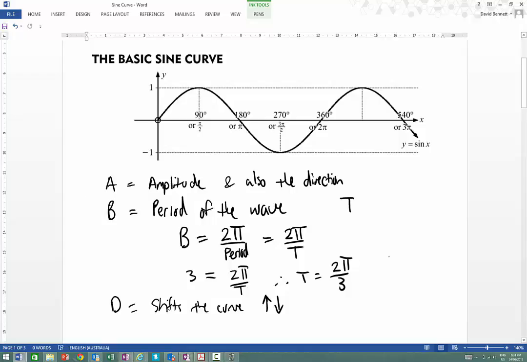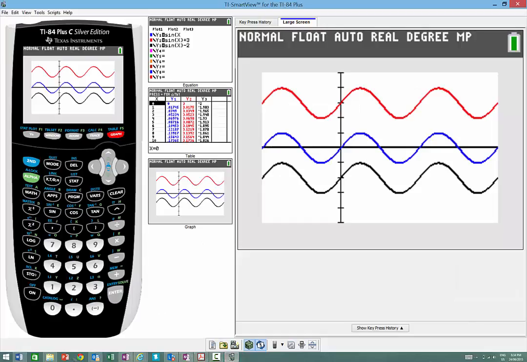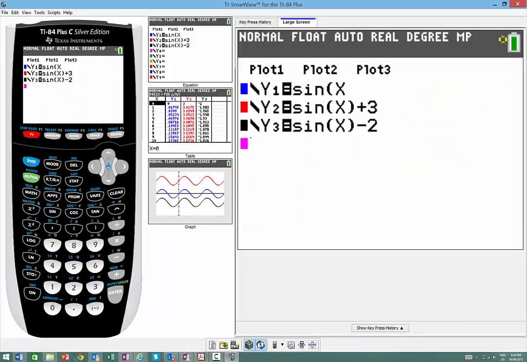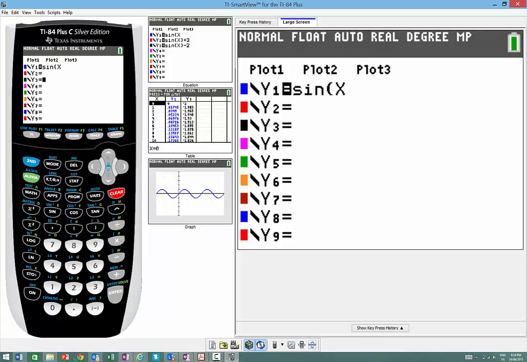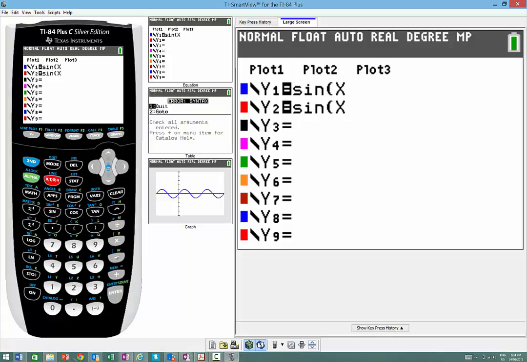Now the next thing that we want to look at, and the last thing we're going to look at, is what the value of C does. Now keep in mind when we start doing these graphs, quite often you do something to maybe all 3 or 4 variables here. So let's try one of these, because we're using degrees, so I'm going to work in degrees here. Let's say I did sine of x take 90. So I'm taking 90 away.